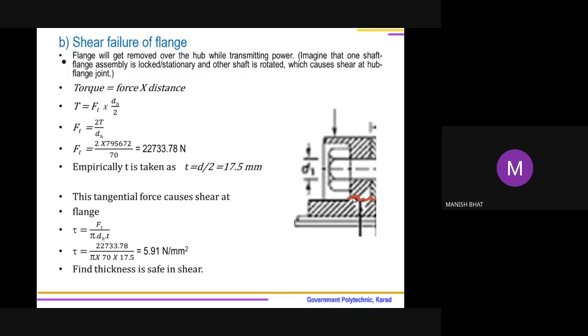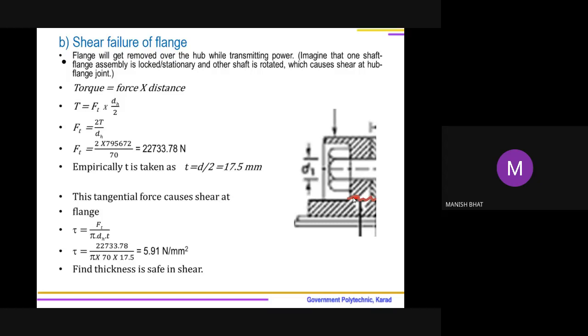So I will be maintaining 17.5 mm thickness and finding out how much transverse shear stress will be induced if I select T as 17.5 and DH as 70 mm. Previously, I have checked for shear.